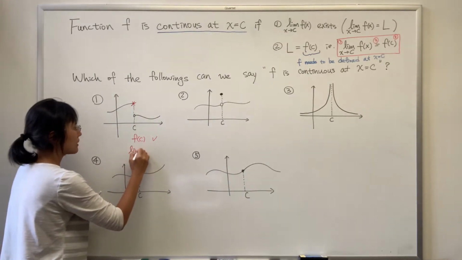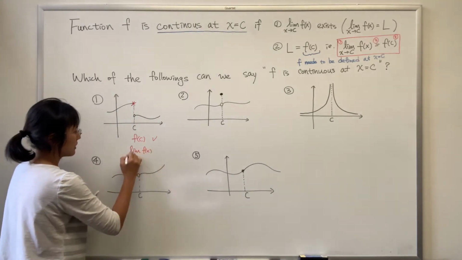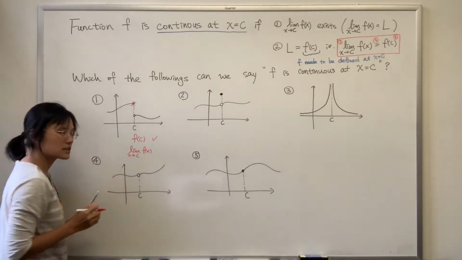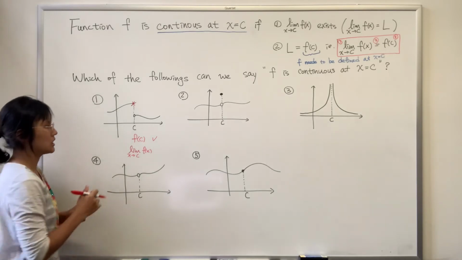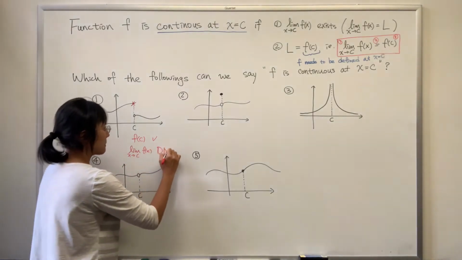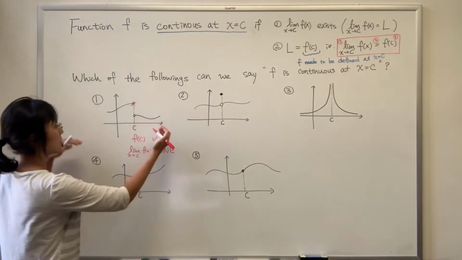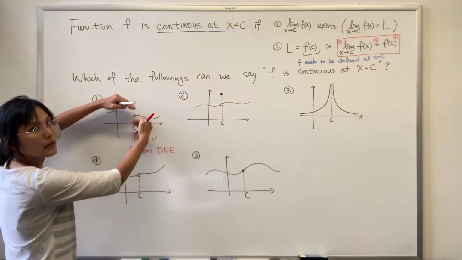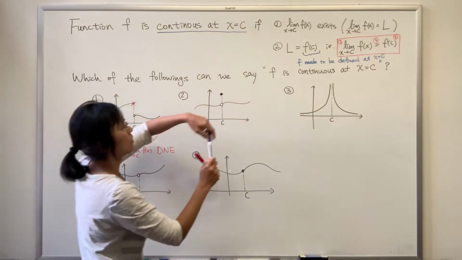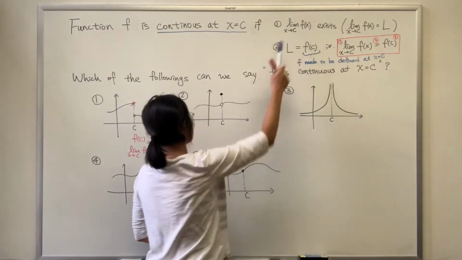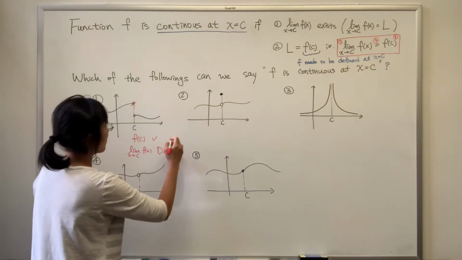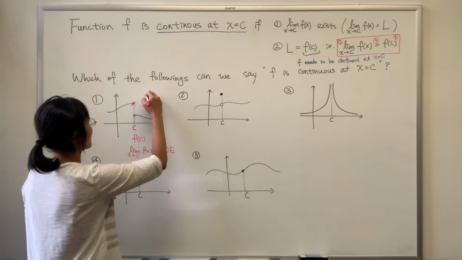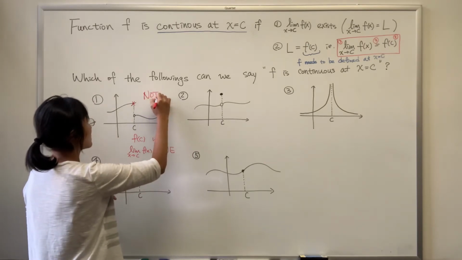Do we have the limit of f as x approaches c? The answer is no, because in this case you have different left and right behaviors. Therefore, this condition fails. Okay, does not exist. So therefore, we say this is not continuous.